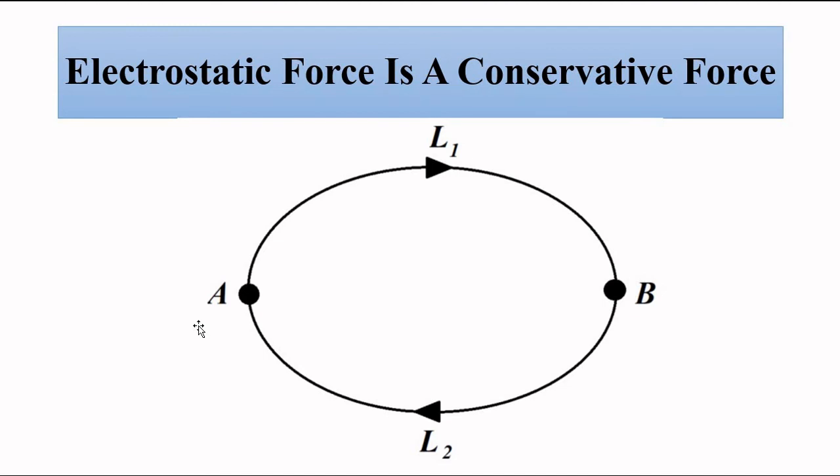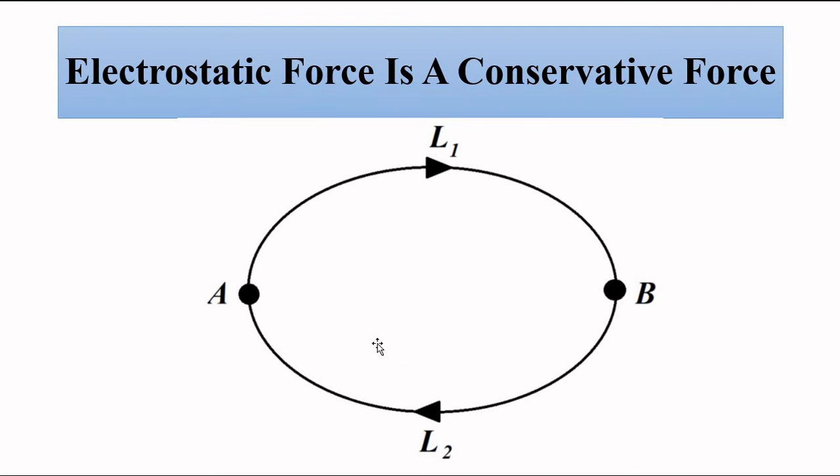So work done in moving a test charge around a closed path, that is returning it back to the same point, the initial and the final point, when it is the same, then within an electric field, the work done in moving the test charge along the closed path will be 0. So how will it be?